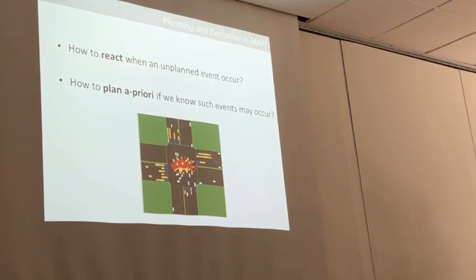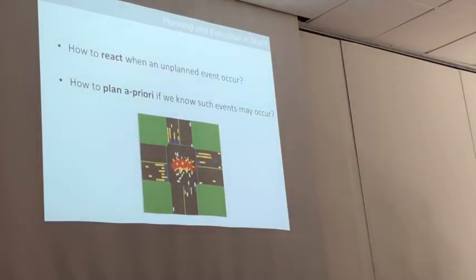We plan for all the agents, and then something unplanned happens, such as a delay or moving to an unplanned location. What to do? And the second thing is, given that we know reality is unpredictable, can we plan upfront in a way that reacts to that? I'll talk a little bit about both.